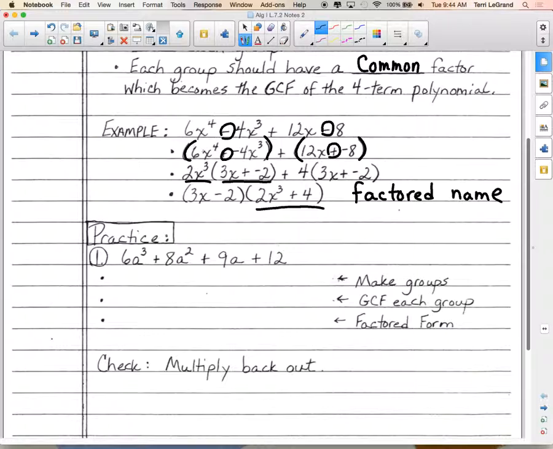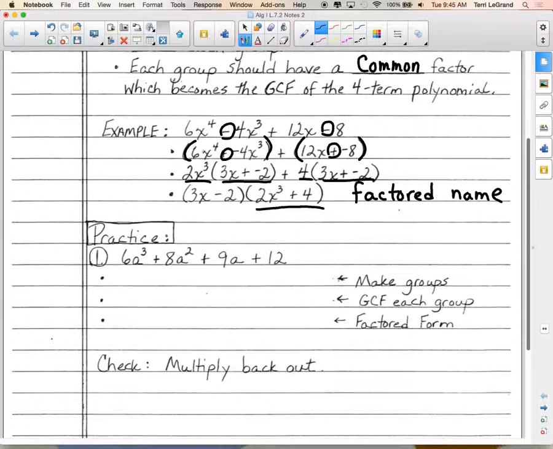So that's what you were doing for today and the day before, last week. This one, its GCF is 4. And the resulting factor is 3x plus a negative 2. And notice something about those binomial factors. They are exactly the same.